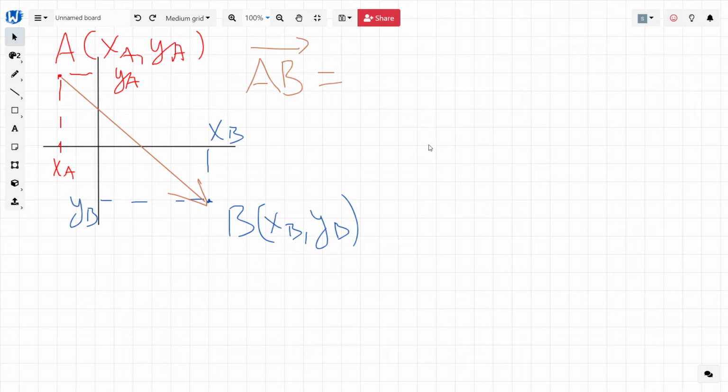We're going to say the components of the vector are the coordinates of point B minus the coordinates of point A. So it means it's xb minus xa, yb minus ya. Okay? Pretty simple and straightforward.